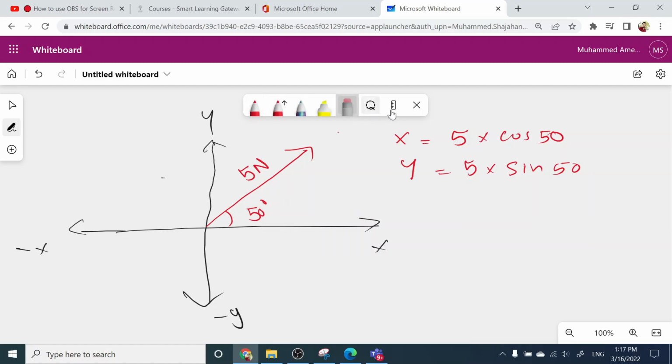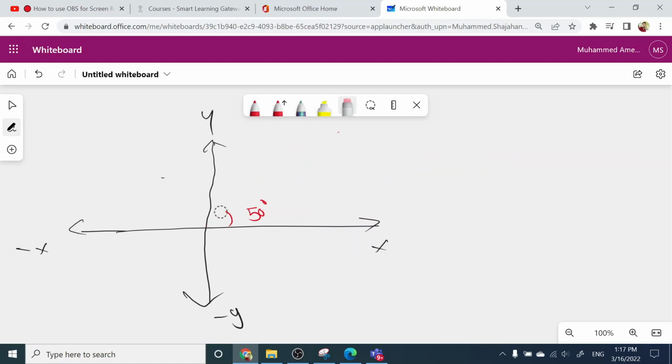Now I will erase this, and I am drawing another vector here. Always you need to take the angle from the positive x-axis. This is the positive x-axis. Sometimes the angle will be given, for example, as 30 degree from the y-axis. So its x component will be along this side and y component will be along this side. To calculate this x and y component, you should not use this angle 30, you have to use the angle from the positive x-axis.